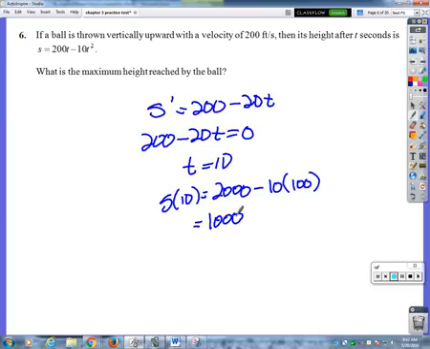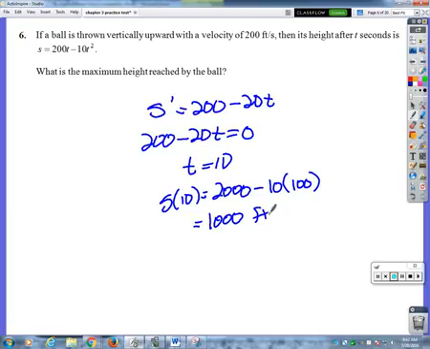Really? Wow. Someone has got a cannon for an arm. Right? Do it with 1,000 feet in the air. The upward velocity of 200 feet per second. And then what's the maximum height reached by the ball? Yeah, 1,000 feet. That's the maximum height?